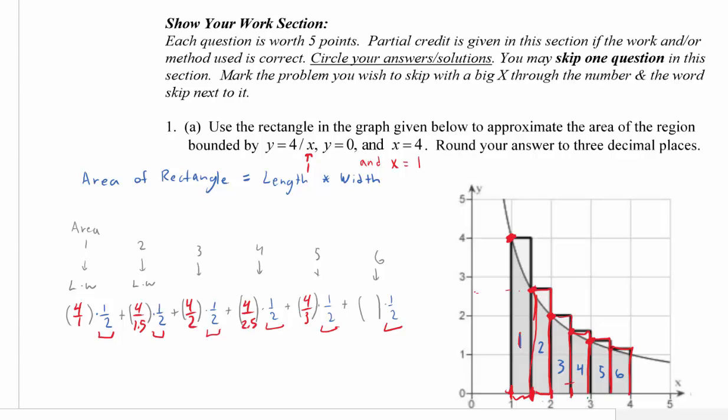Our last rectangle is our 6th one, and our y value is 4 over the x value 3.5. At that point, you just use your calculator and round your answer to 3 decimal places. If you start rounding some of these answers a little too early, you're going to be a little inaccurate. So please make sure not to round until the very end.